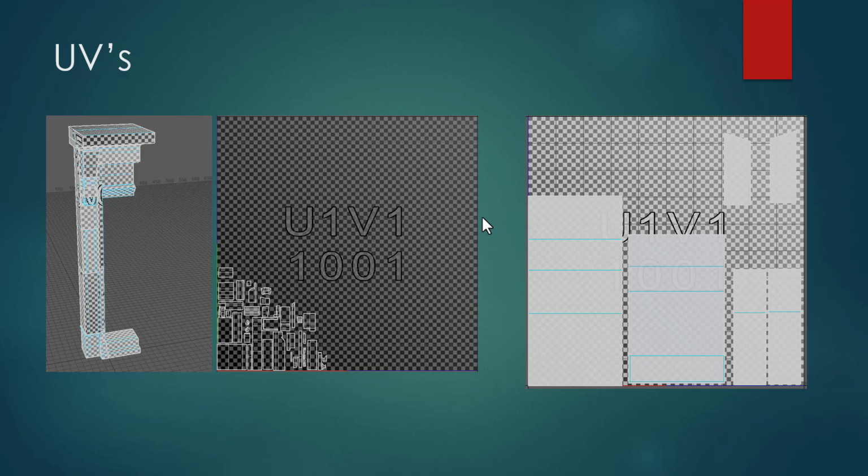And as much as I found the process to be quite difficult, especially on the left image here, this is the door frame of the building, and here the UVs, they look pretty good.